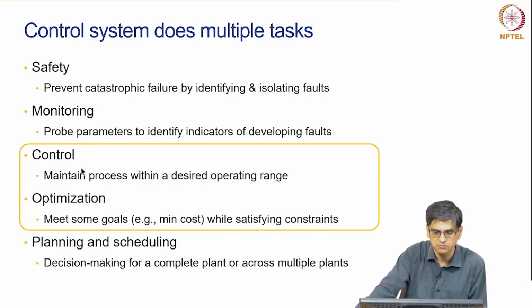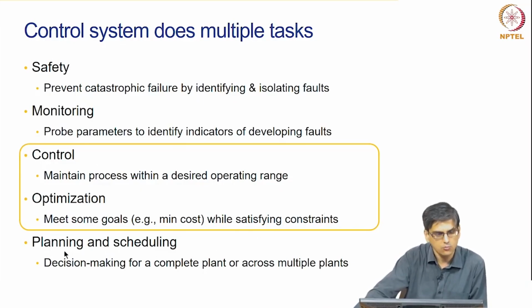Then there is control and optimization, to maintain the process within a desirable operation range, and optimization is to meet certain goals, which is minimization of cost or maximization of profit, minimization of energy consumption or maximization of productivity. So these are the main goals that in this course we will be interested in.